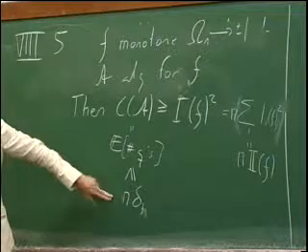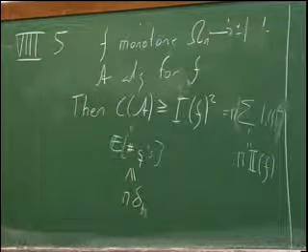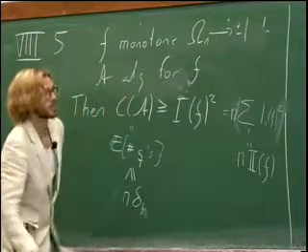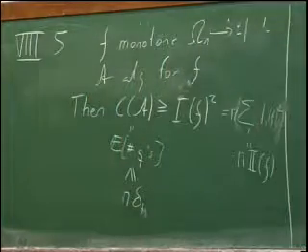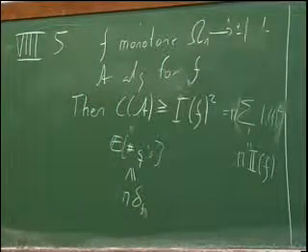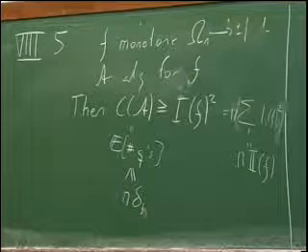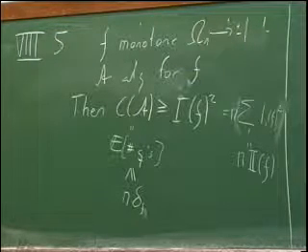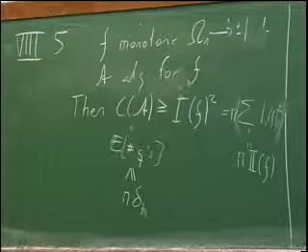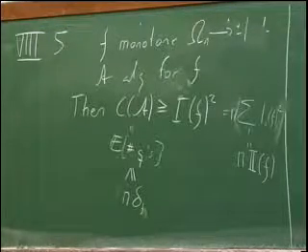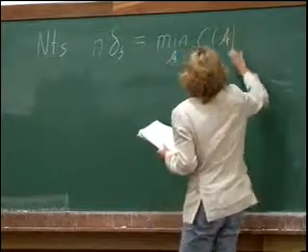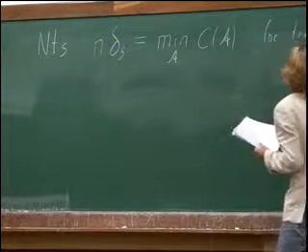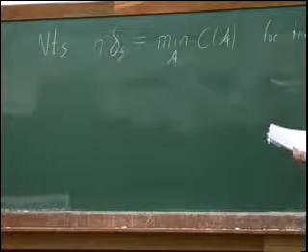So to really see that these two show the same thing, it's the same idea that I've mentioned before, but I'll mention it once again. We need to understand that n times delta f is really equal to the minimum over all algorithms of the cost of that algorithm, for transitive functions.